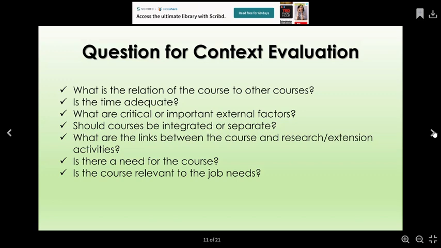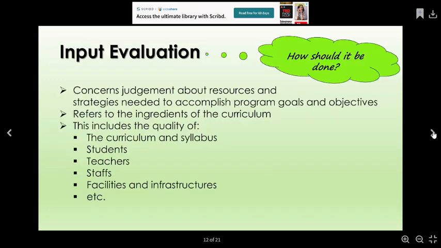Does the course have a practical application, that means does it lead to some job or skill? What is the learner environment, his initial qualification, and the previous knowledge he needs for this course? Is the infrastructure ready? All these things are concerns of context evaluation.